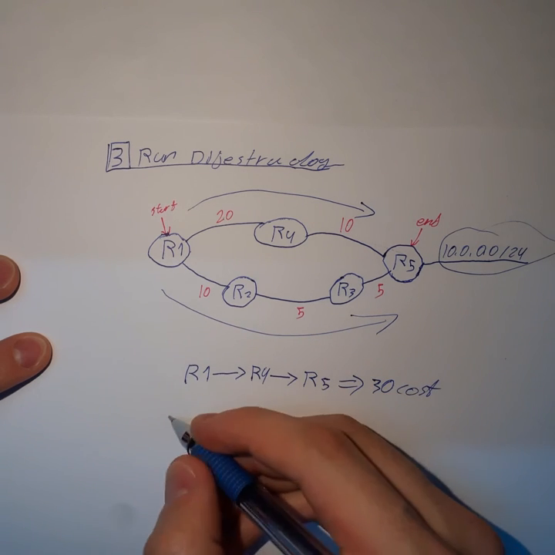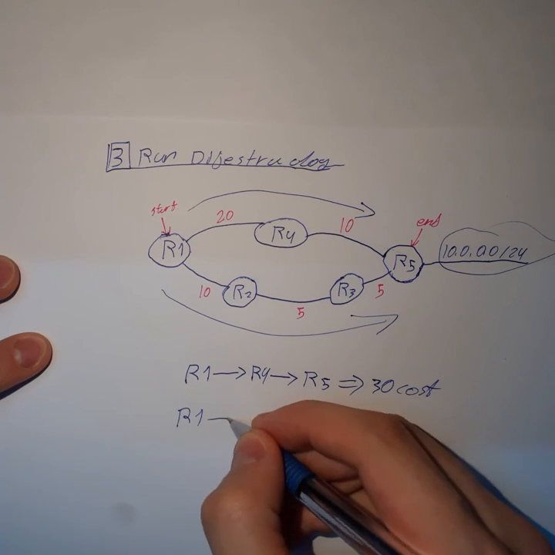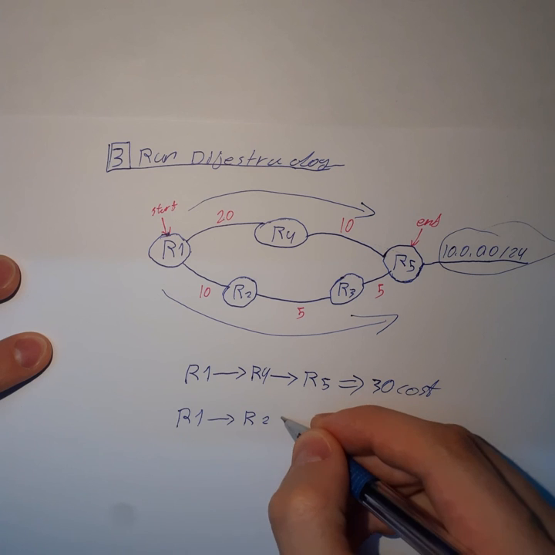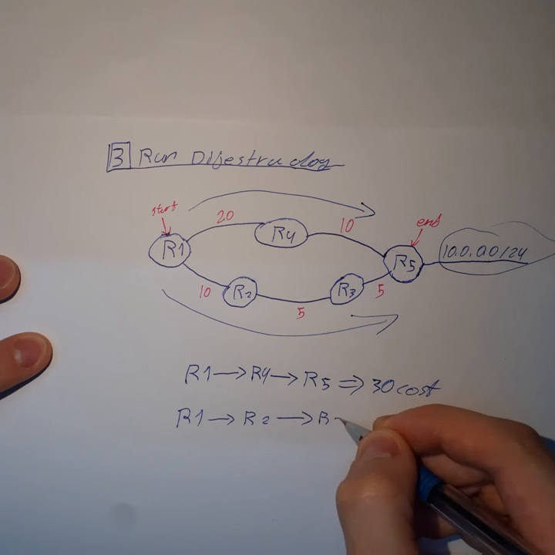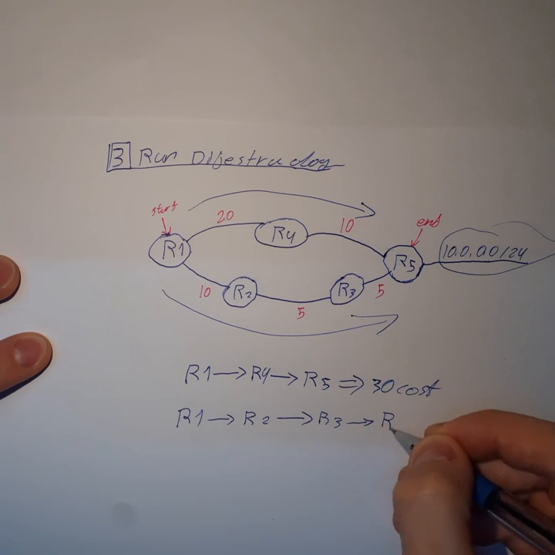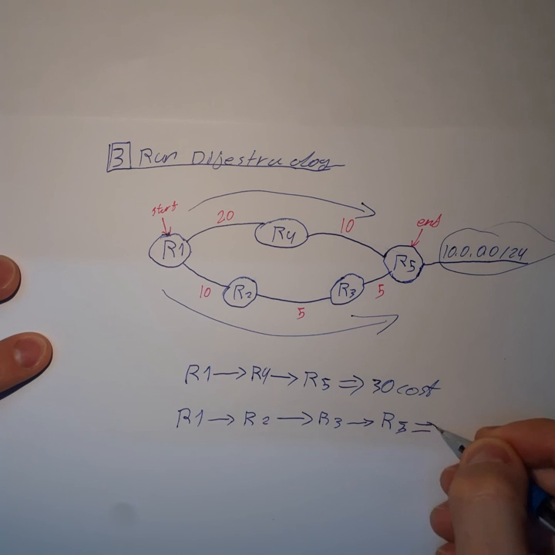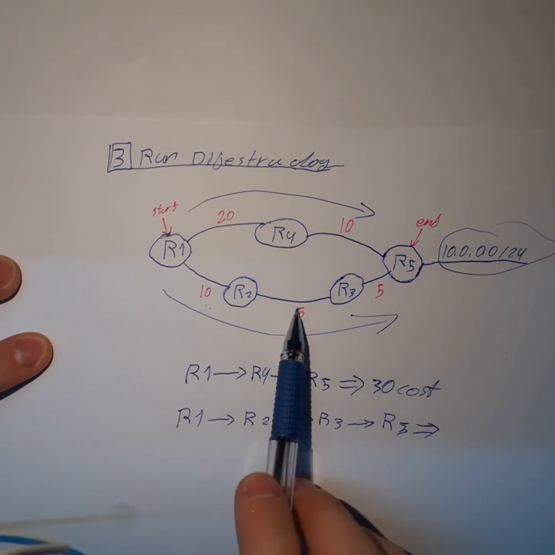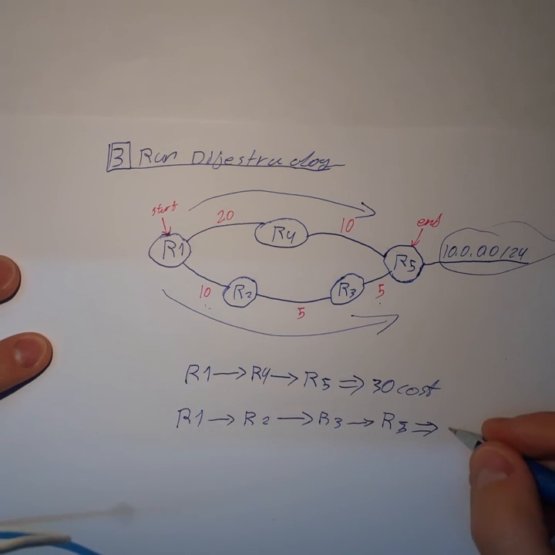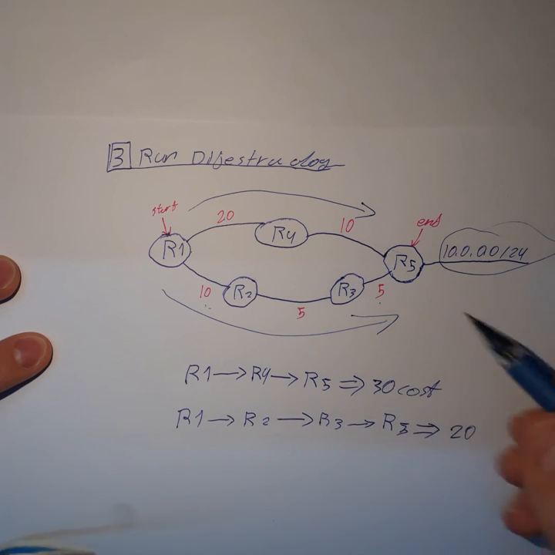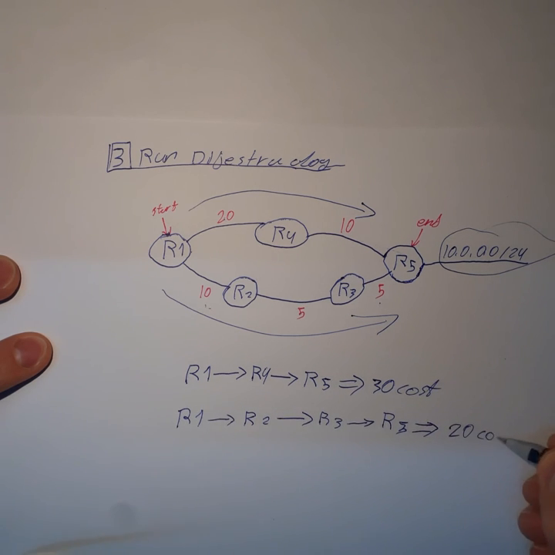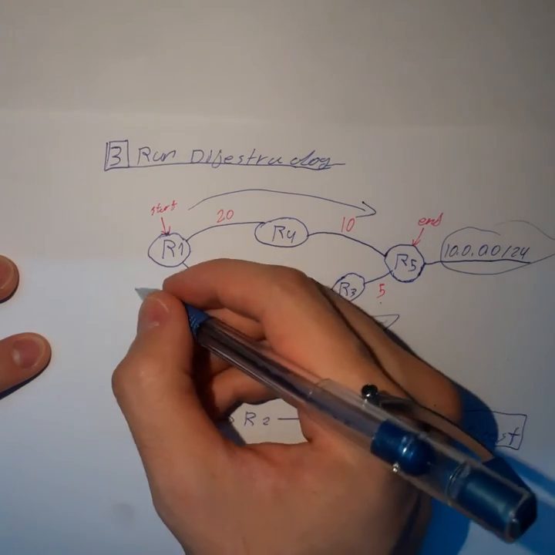The other path is from router 1 to router 2 to router 3, then to router 5, and that will give it 10 plus 5 plus 5, that's 20. So the best path here, the least cost, is the 20, the second path.